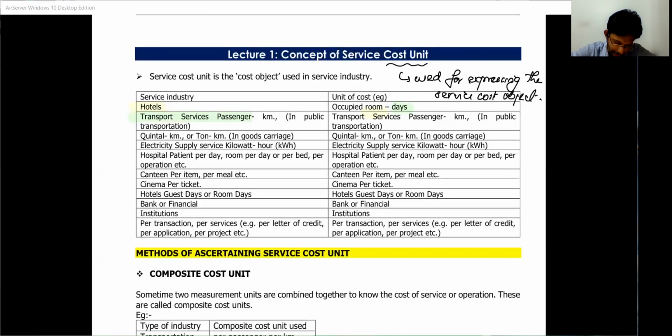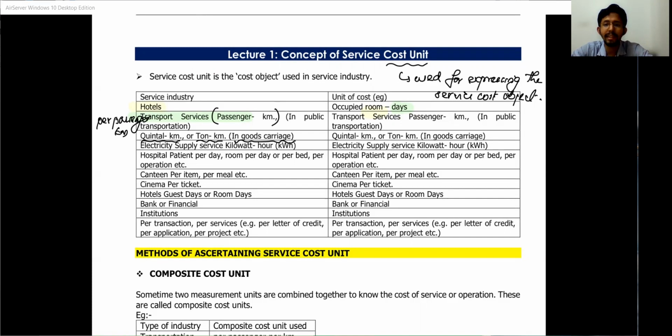So in case of transport services, it will be per passenger kilometer. Now, when it comes to goods carriage, it will be per quintal kilometer or per ton kilometer. We have already seen those cases.